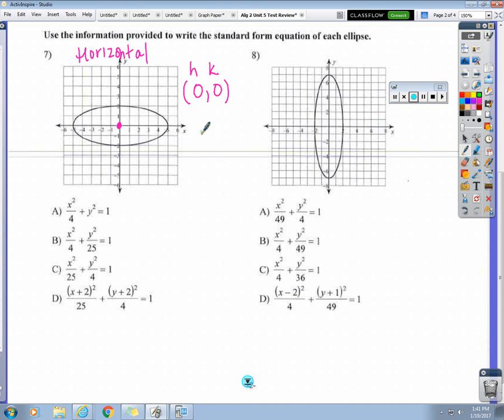So if I start writing that, x minus h squared plus y minus k squared. Can't I just simplify both of those just to x squared and y squared since they're both zeros? So doesn't that eliminate b right away? Okay, now, another way you can start eliminating choices is the fact that it's horizontal tells you what about the equation?